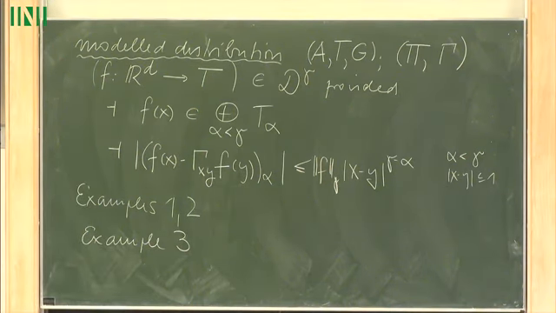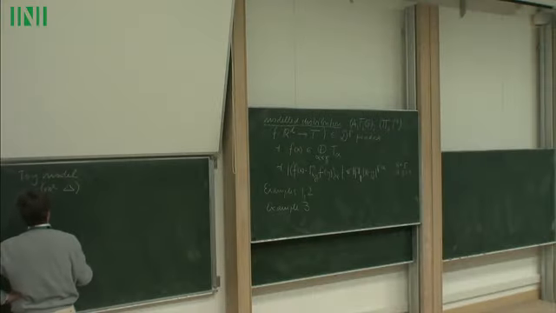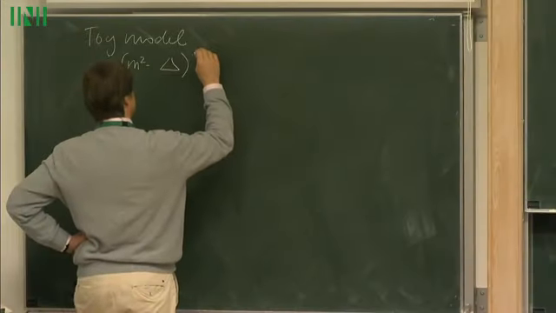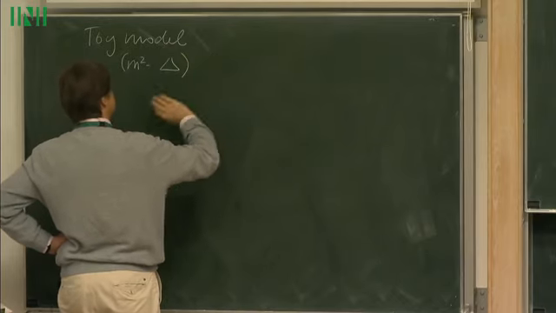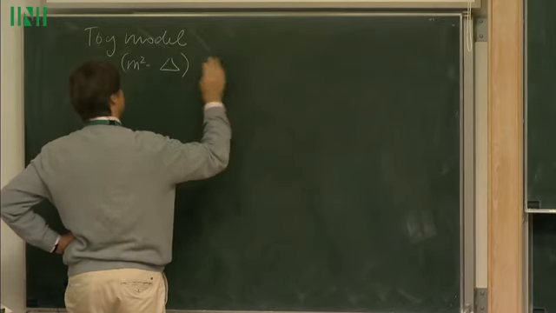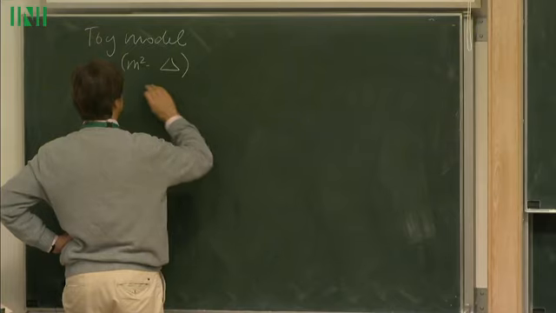And let me recall the toy model here. So we were interested in the solution, and this time I'm going to put a small massive term because that simplifies the discussion. It's not necessary otherwise. It makes it in a certain sense a little bit clearer what I mean by the objects.